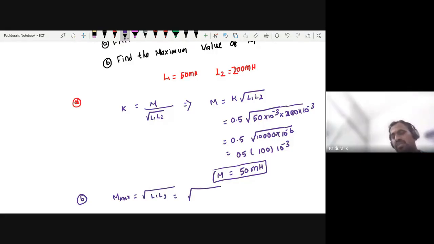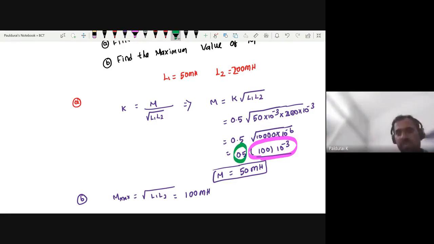What is the value? 100 milli. So straight away can I write 100 milli? Can you see? If K equal to 0.5, obviously it is 50, and if K equal to 1, it is 100, right? Just to play with the mathematics.